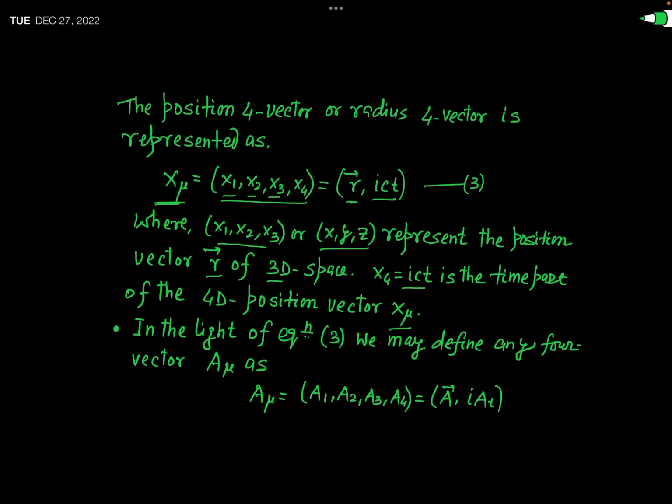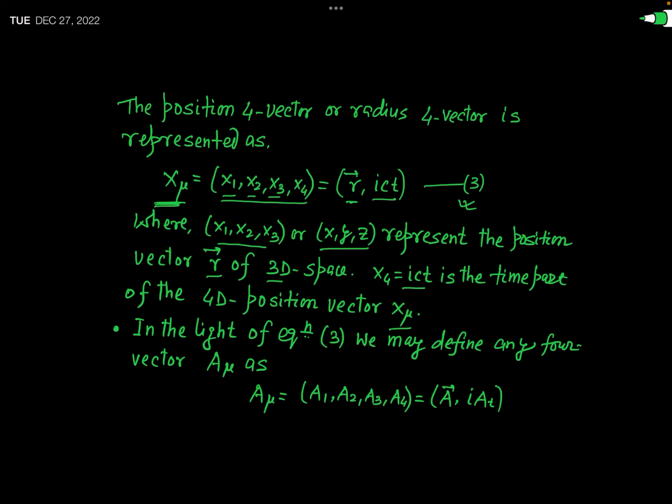Now, in the light of equation 3, you can define a 4 vector in general. Actually, x mu is just a proper example of a 4 vector, known as the radius 4 vector or position 4 vector. But any 4 vector is defined on the basis of equation 3.